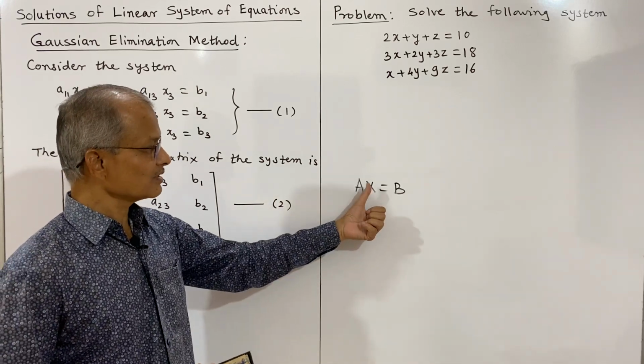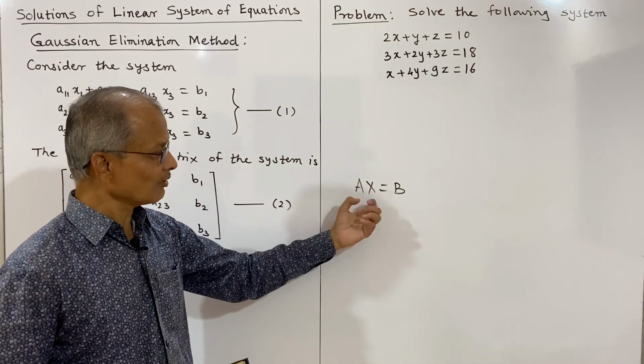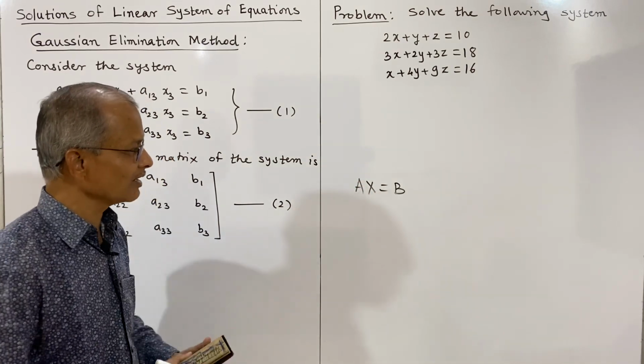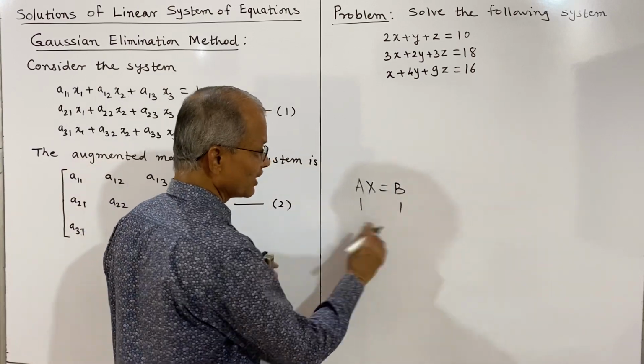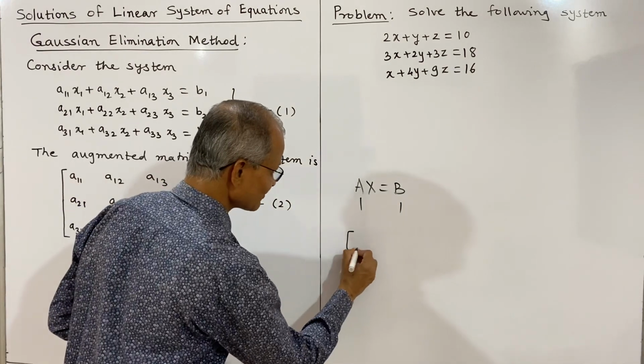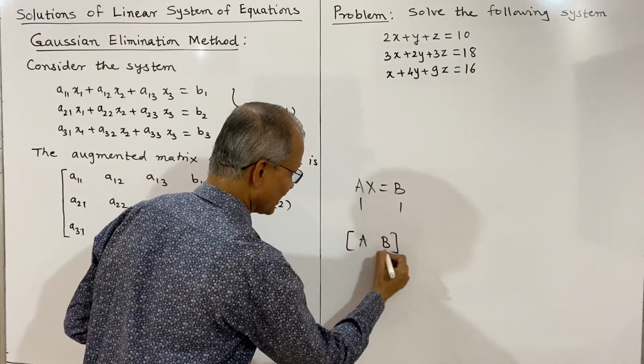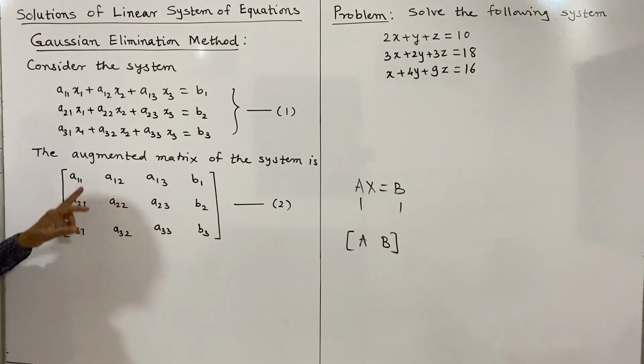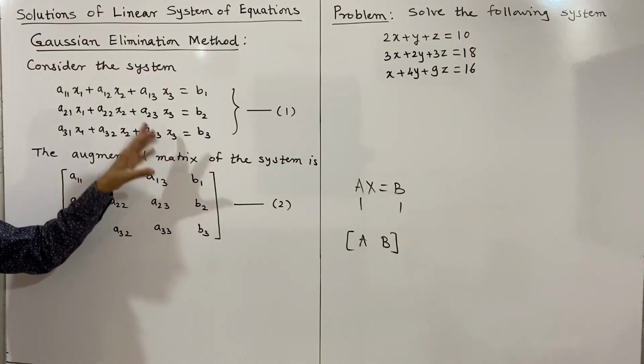And therefore, without writing matrix X, we write the matrices A and B together, and that is known as the augmented matrix, or the matrix AB, and that matrix we have written here, which is known as the augmented matrix of the system.